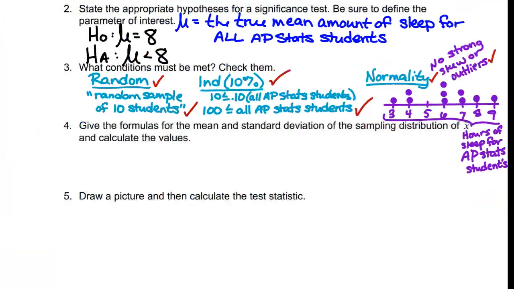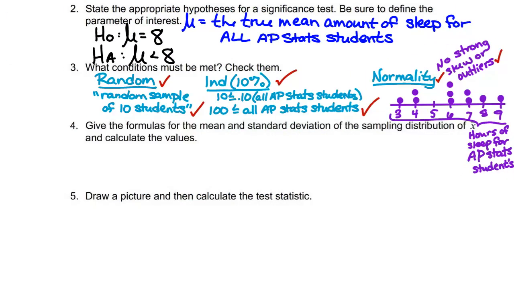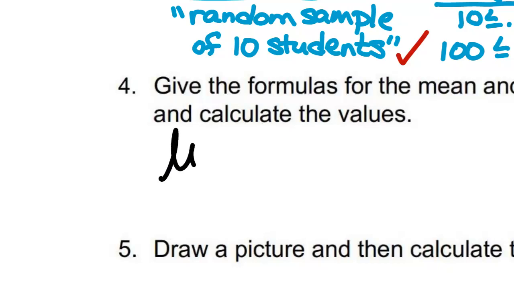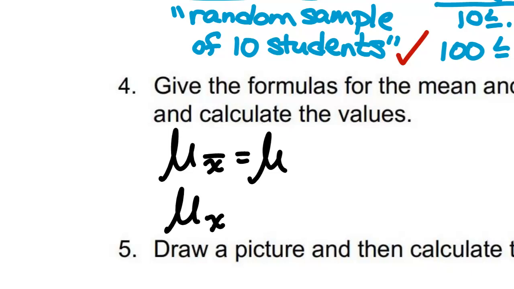I want you guys to look up the formulas for mean and standard deviation of the sampling distribution and then calculate those values. How do we find the mean for the sampling distribution? Yeah, mean of X bar is equal to, it's not X bar here, but it is mu. And what did we assume mu was? 8. So mu X bar is 8.